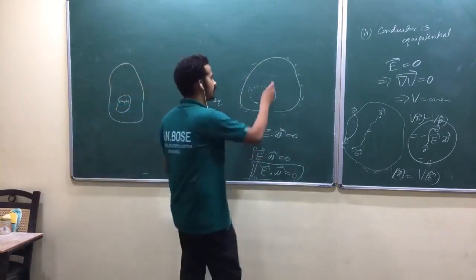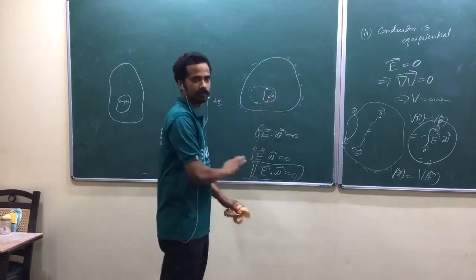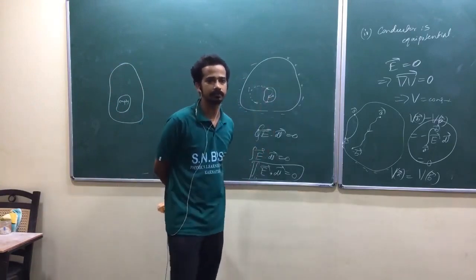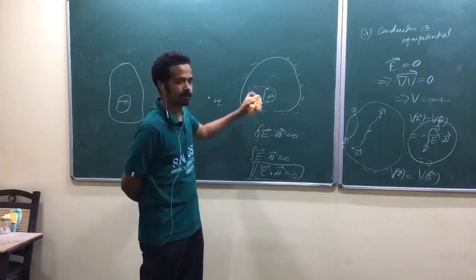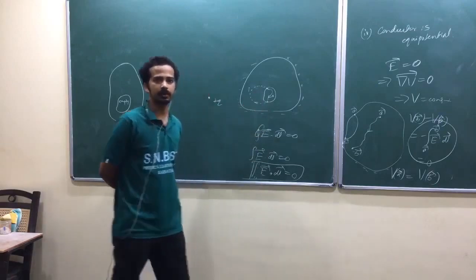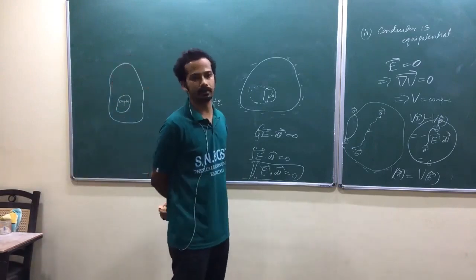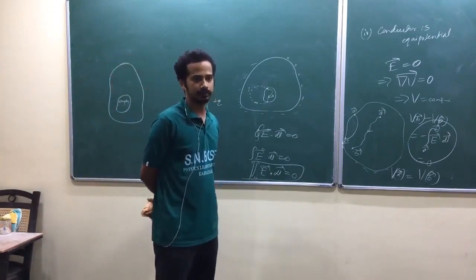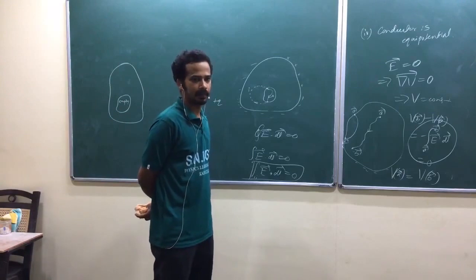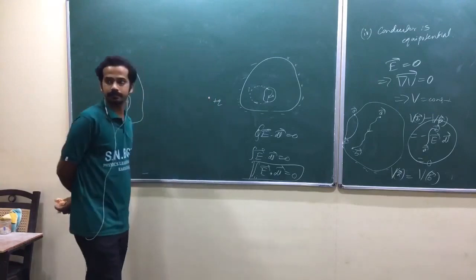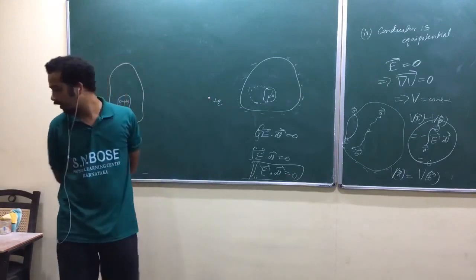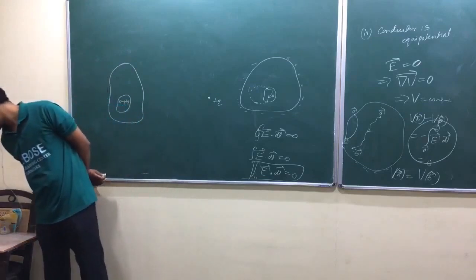Yeah, you can keep any number of cavities. As long as the cavity is empty, the same thing will happen. Again, same argument, pure mathematical argument. Is that okay? As long as the cavity is empty, there will be no field inside the cavity. Yeah, that kind of problem is given here.